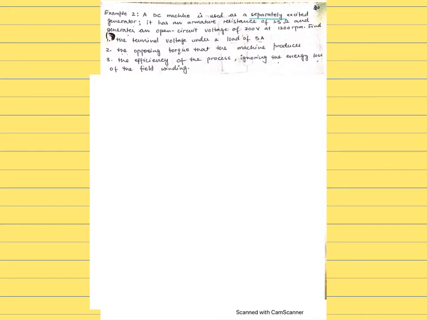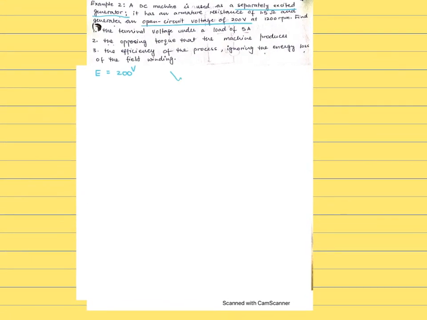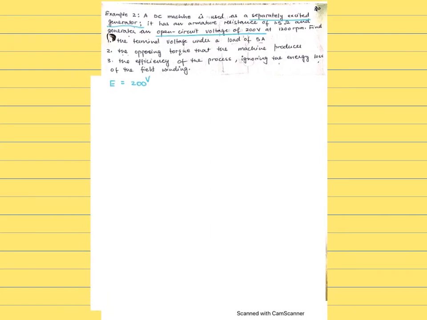It has an armature resistance of 1.5 and generates an open circuit voltage E of 200 volts at a speed of 1200 RPM.